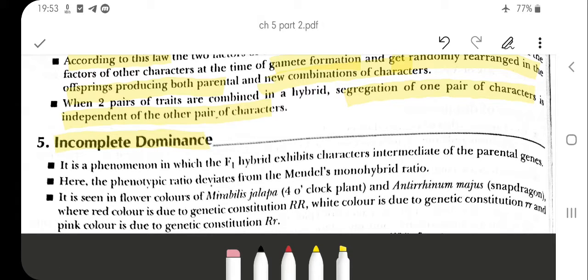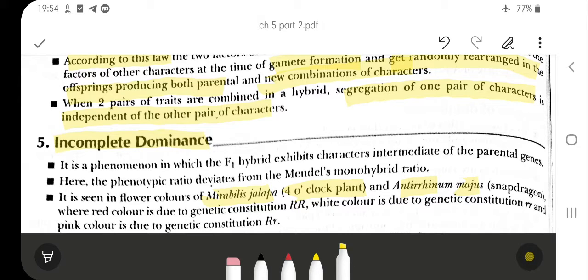It is the phenomenon in which the F1 exhibits characters intermediate of the parental genes. This is seen in one particular flower, the four o'clock flower, or you can say Mirabilis jalapa or Antirrhinum majus, that is the snapdragon.